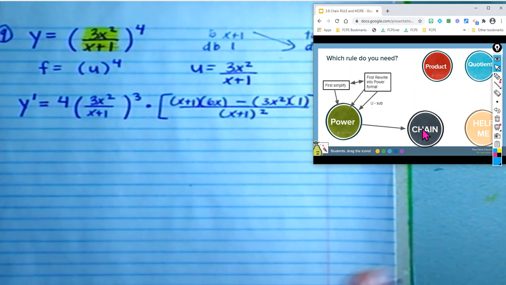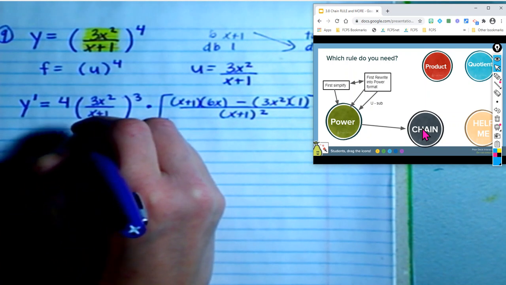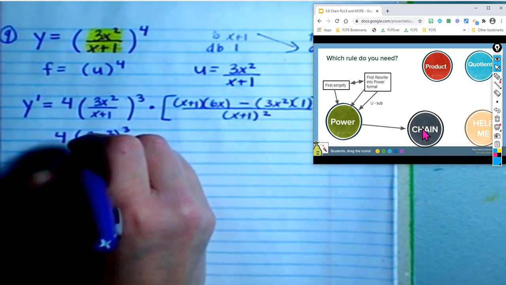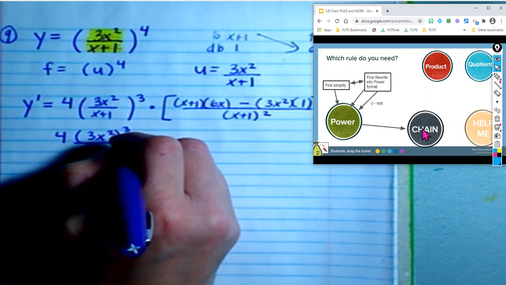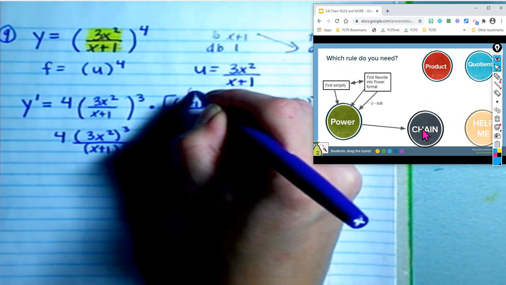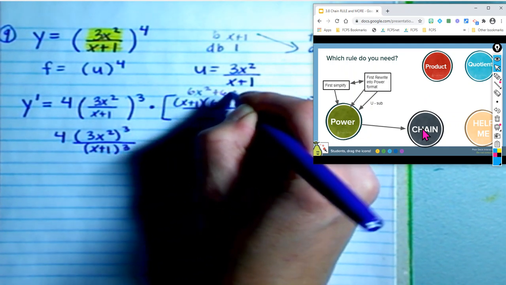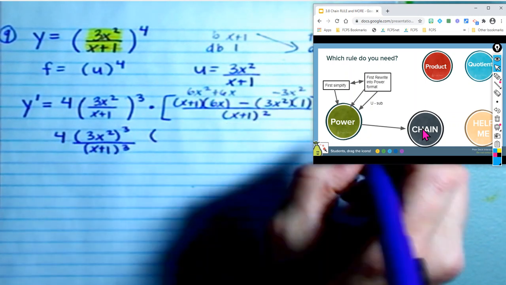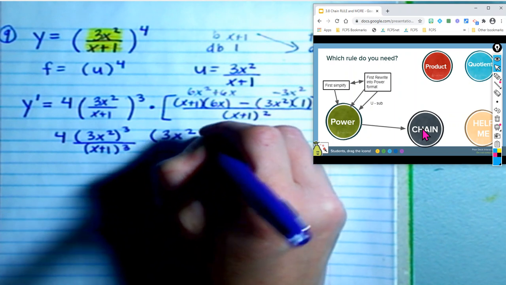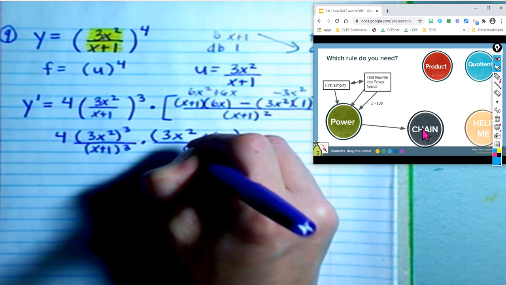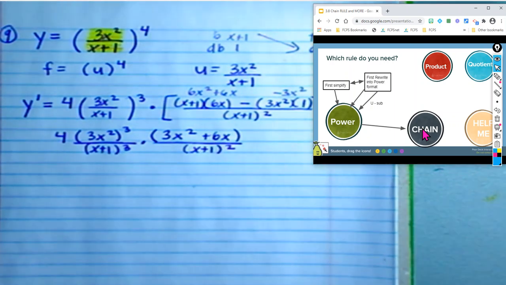Let's simplify. Now this first piece here, notice that I am going to separate the numerator and denominator power because I think it's easier in order to put these fractions together. All right, 6x squared plus 6x minus 3x squared. All right, look at what we have on the top. Just 3x squared plus 6x over x plus 1 squared.